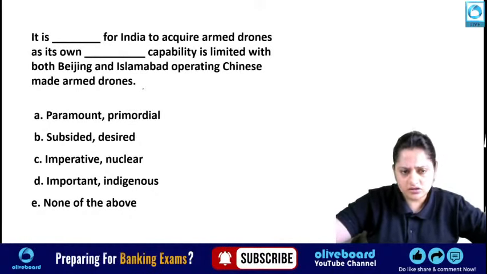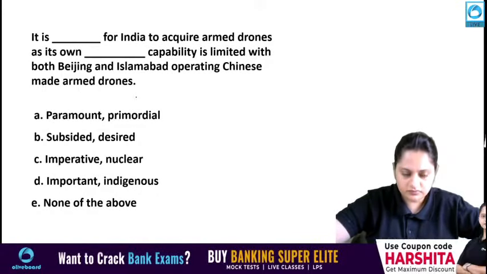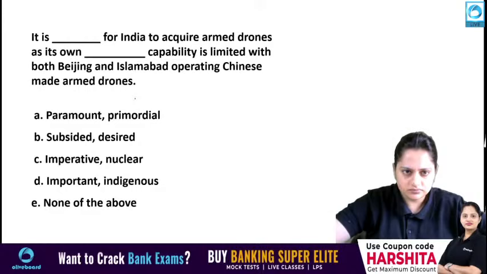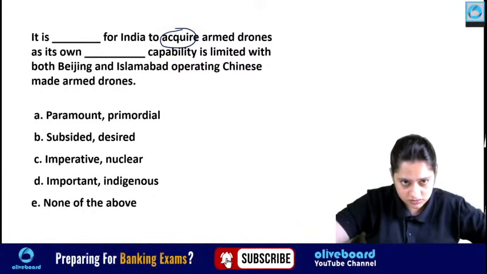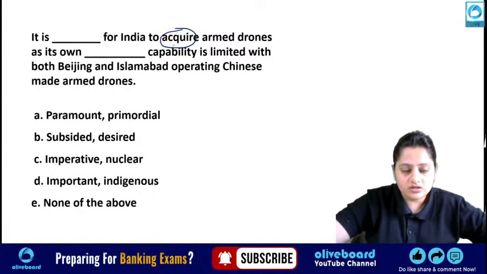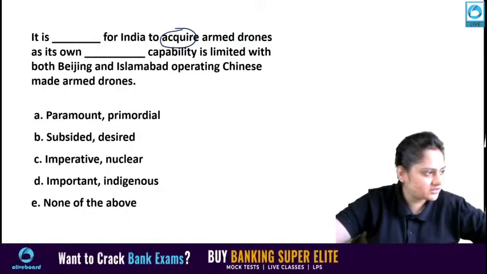This also, I think you would know very quickly. You are talking about India to acquire, to take drones. Why? Because its own dash capability is limited. They cannot make it.